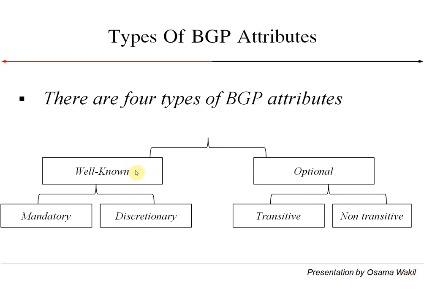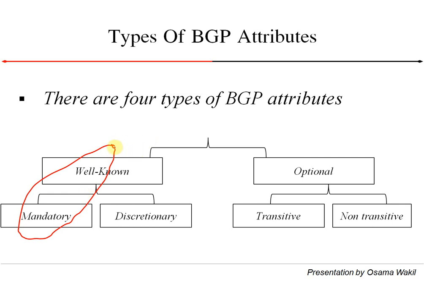Let me explain what well-known means. Those attributes which are known by all the BGP speaking routers in the world are known as well-known attributes. Well-known mandatory attributes are those present in all the BGP updates, so in every update they must be present.